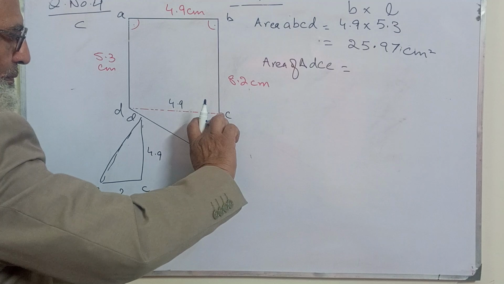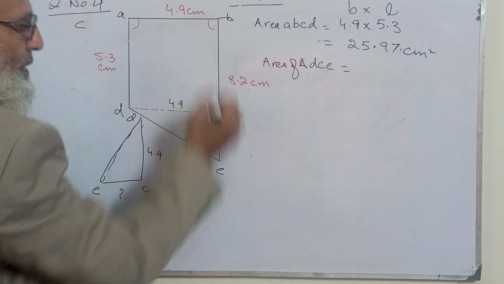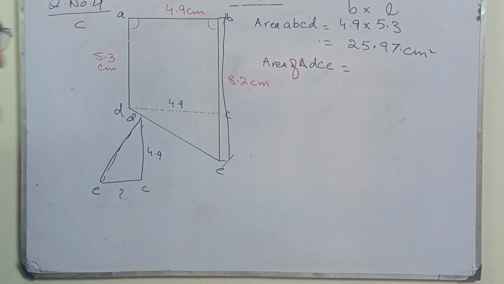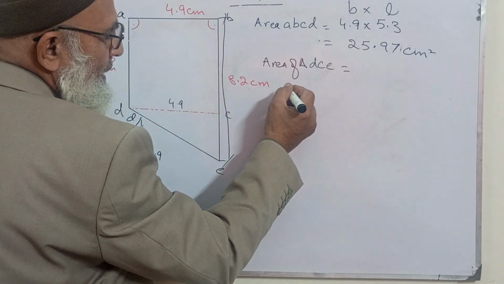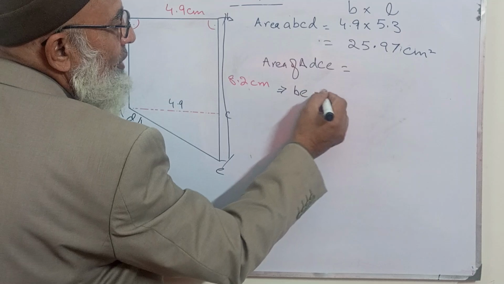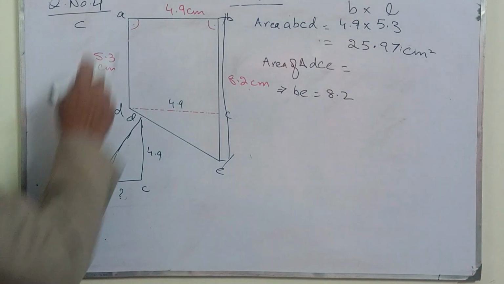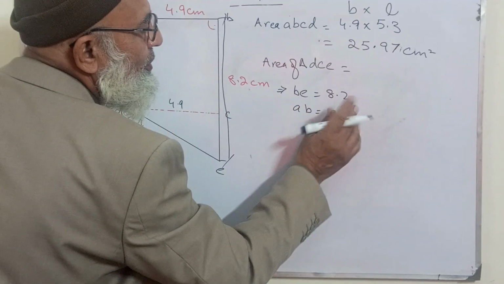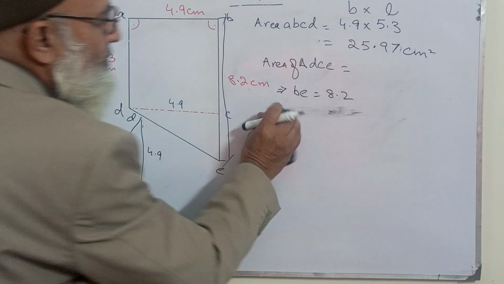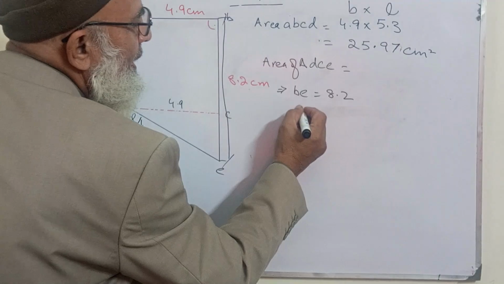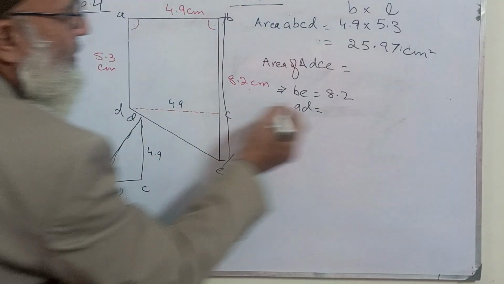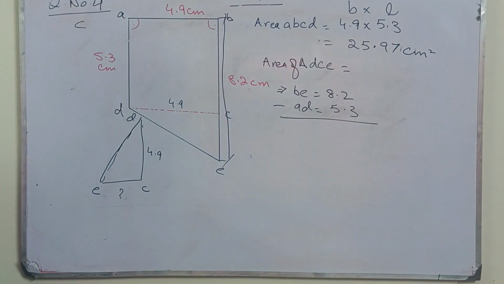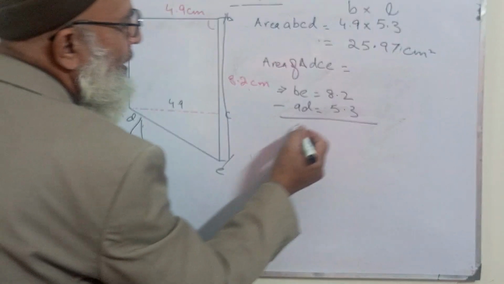We don't know this portion, but it is very easy because from here till here it is given, 8.2 from B to E. You can write that BE is equal to 8.2, and AD is equal to 5.3, and if you subtract this, you will get CE.